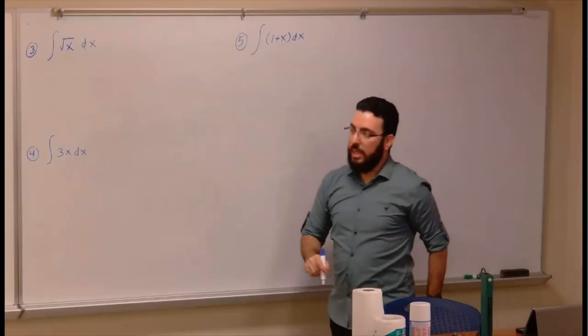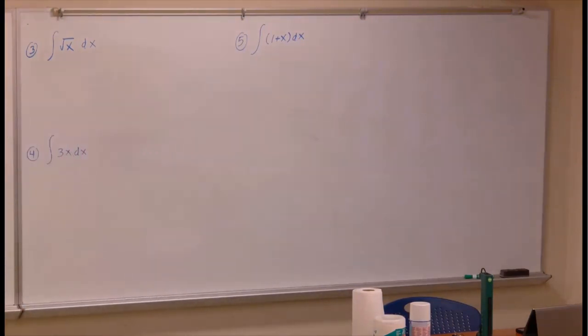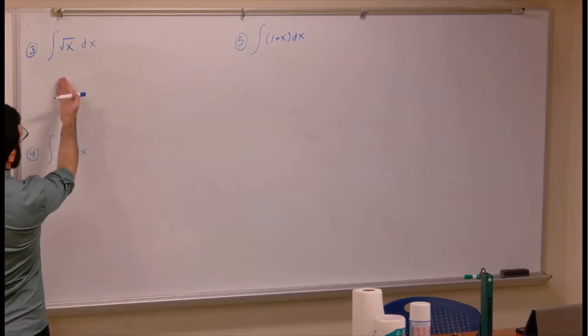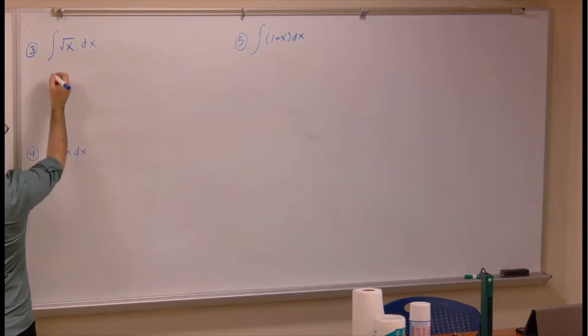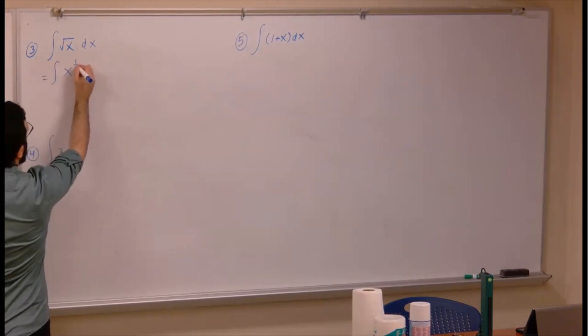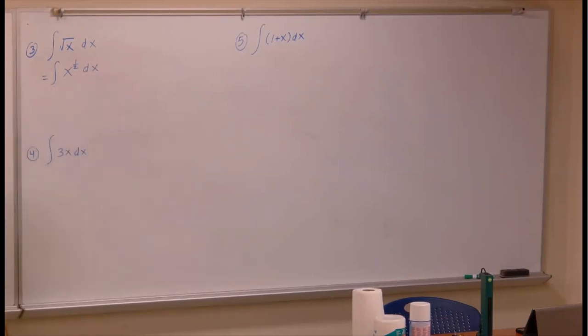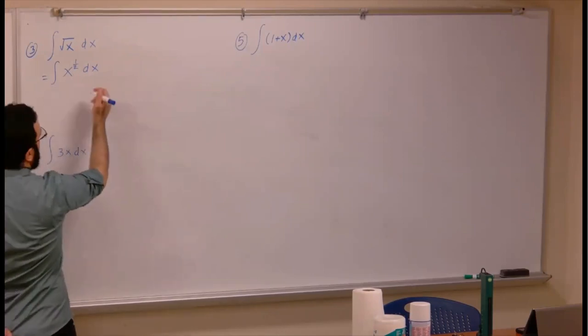So now we're going to find the integral for the square root of x. Okay, I know that everyone hates radicals, square root, cubic root. So the easy way to find the integral for square root is going to say it's the same thing, the integral of x to the 1 over 2 dx. Now it's easier to find the integral for this one because you're just going to add 1 here.